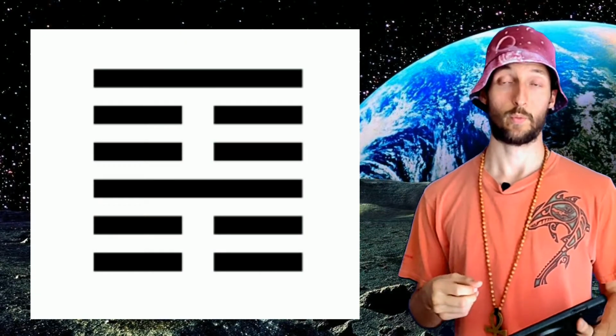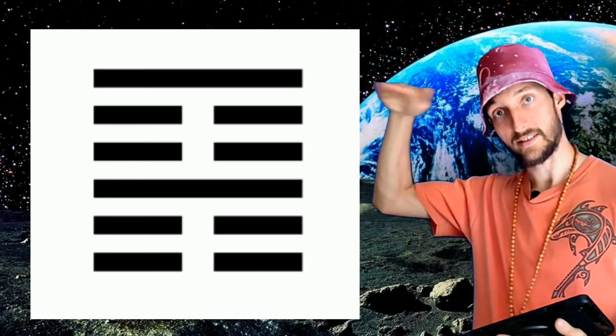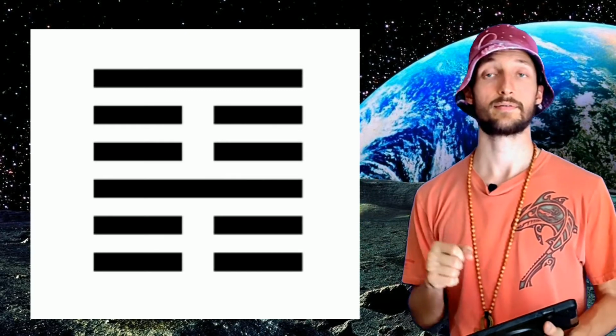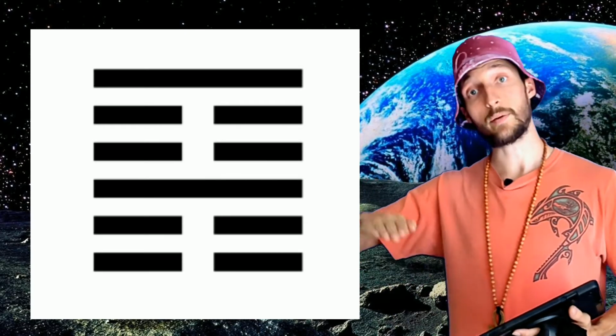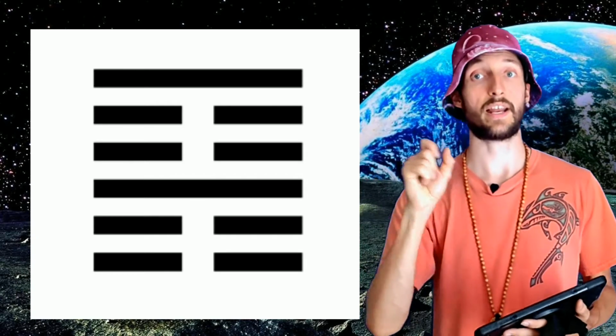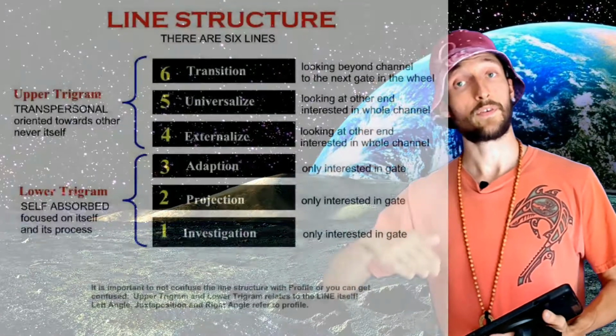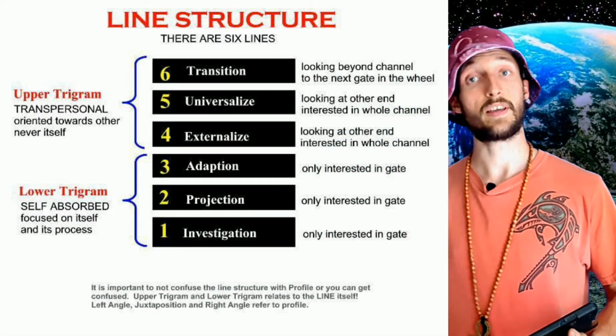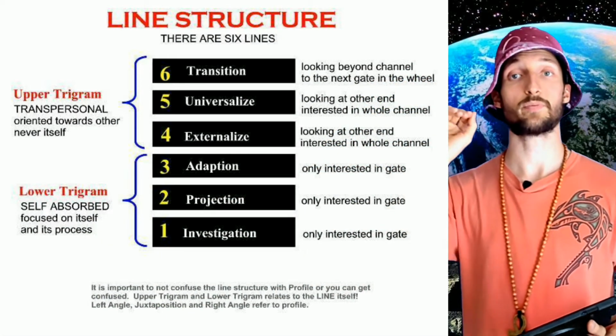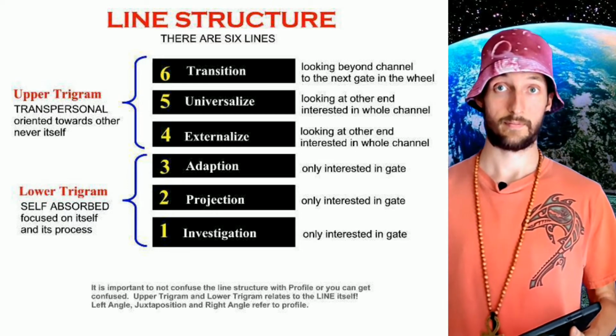Because when we're looking at a hexagram, when we're looking at a gate, we have 6 lines that make up this house. And they all come together to make up a piece of genetic information. The first is the foundation. The fifth is the example of the highest projection for that thing.